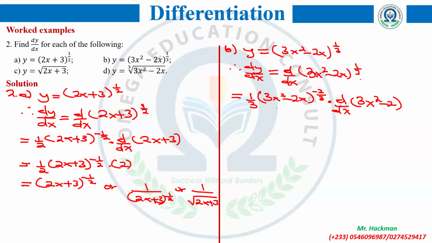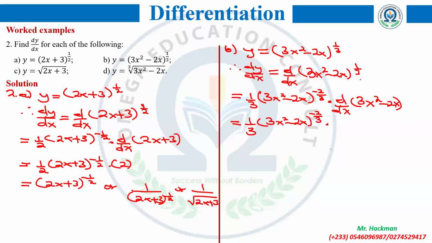Yes, please. Okay, so you remember the first 2 factors that we have here, no operator is affecting them, so they remain the same. So 1/3, then the 3x squared minus 2x to the power minus 2 on 3 intact. Then times, now we are going to differentiate. This is 2x, I left the x.